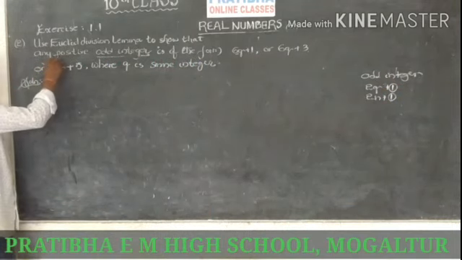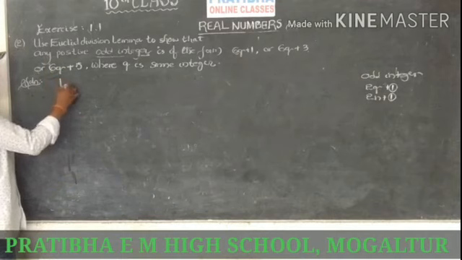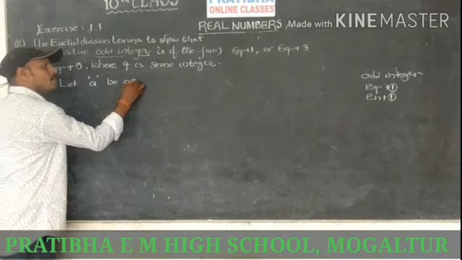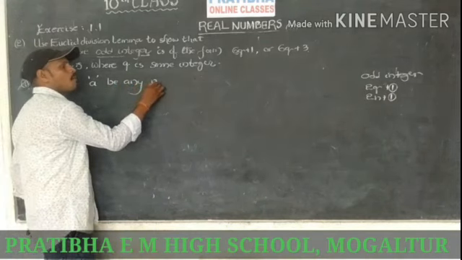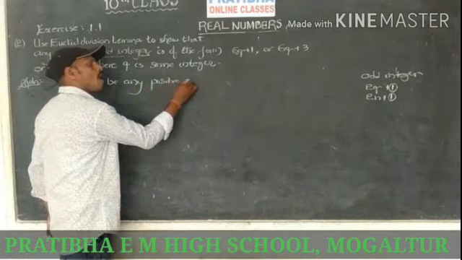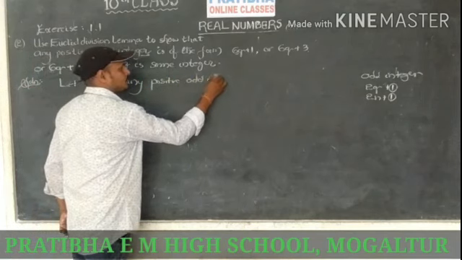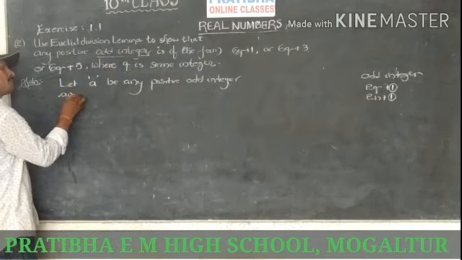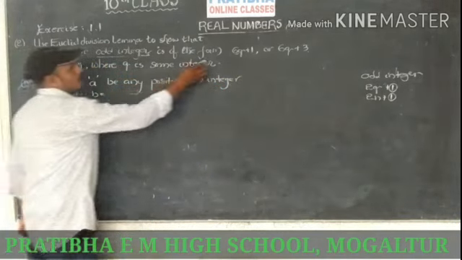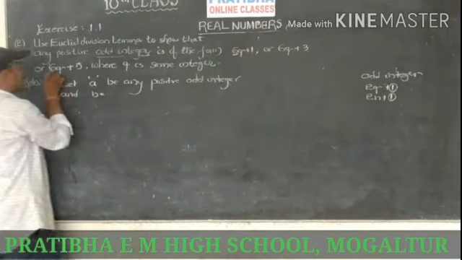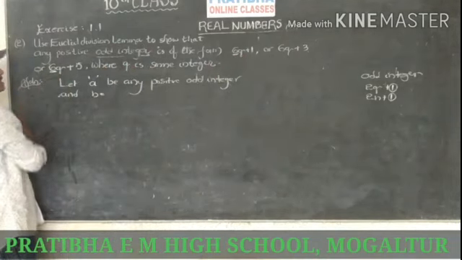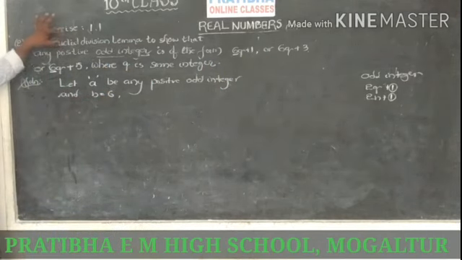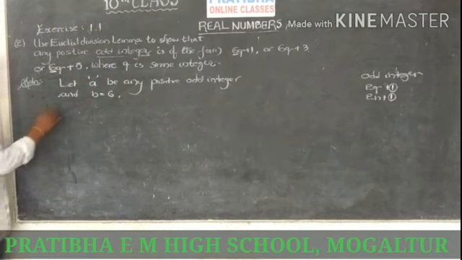Here, take any positive odd integer, let a be any positive odd integer and b is equal to 6. That means 6 is taken as the divisor. We can apply Euclid's division lemma to these numbers.